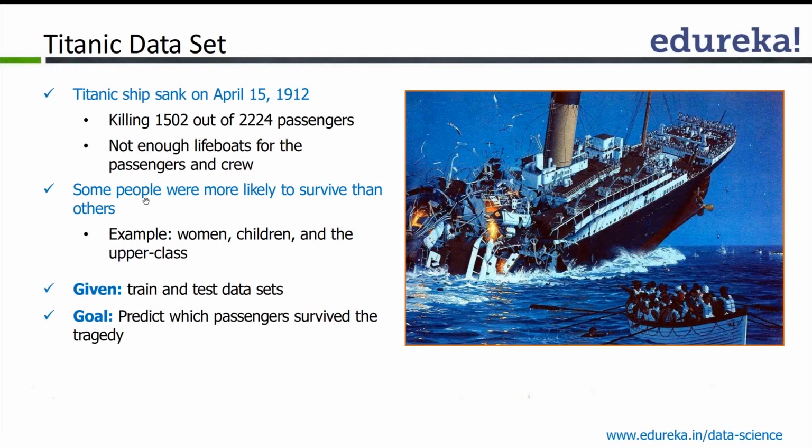Also, upper class people were given more priority than lower class people and stuff like that, right? These are all hypotheses. Nobody knows exactly what happened there, or probably some people know, but I don't know what happened in actuality, but we can guess what happened.